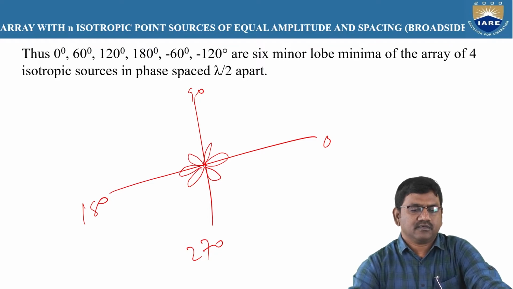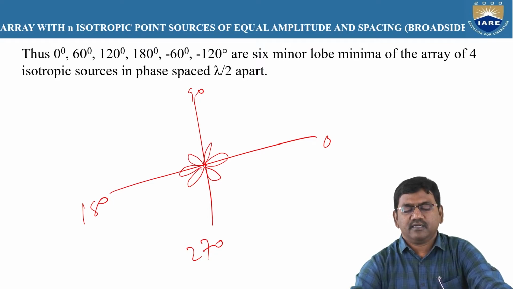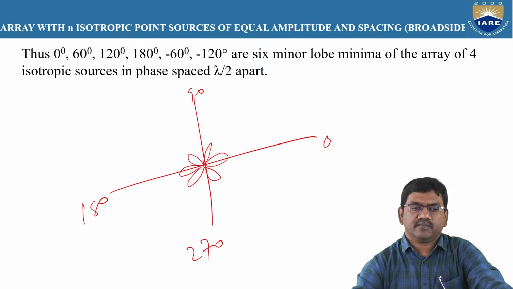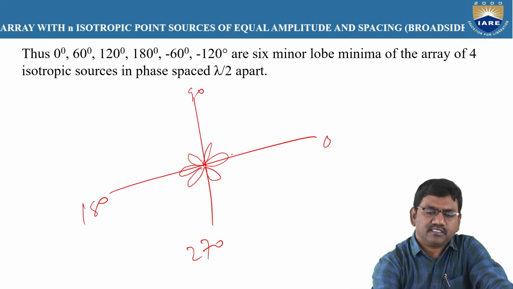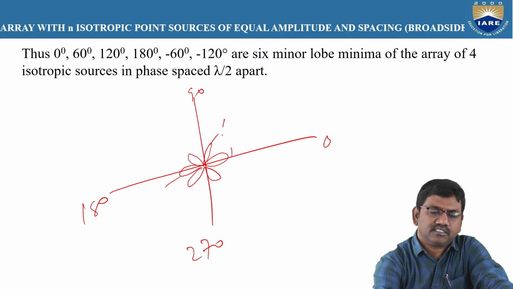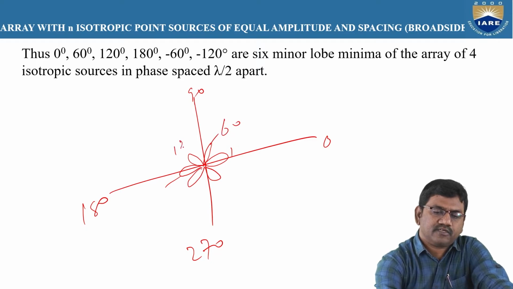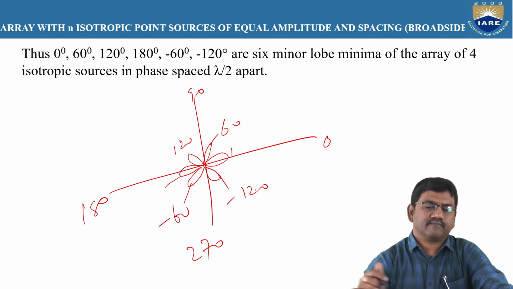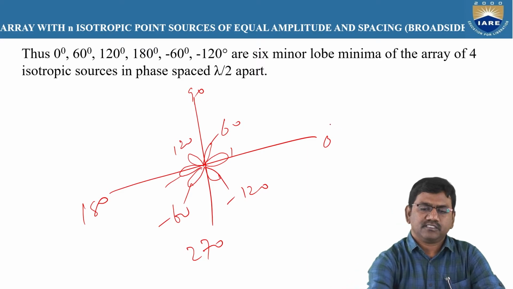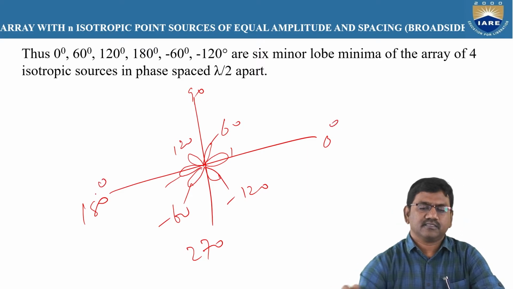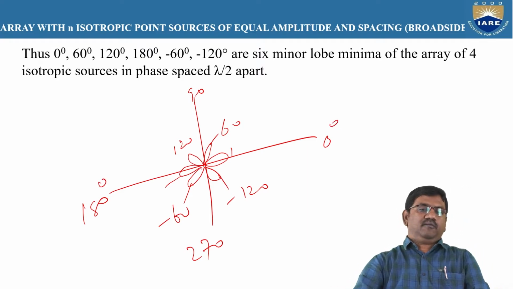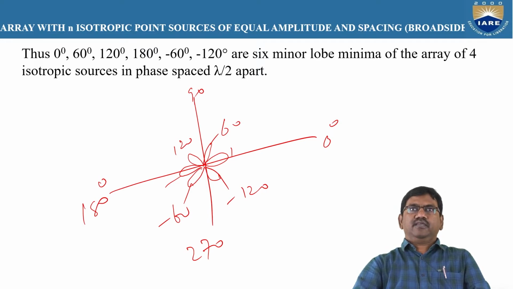So you will get a total of 6 minor lobe minima, right? So you can see here, this is the direction of 0 degrees, this is 180, this is 60, this is 120, this is minus 60, this is minus 120. So like this, you can draw the 6 minor lobe minima of the array of 4 isotropic sources in phase spaced lambda by 2 apart.